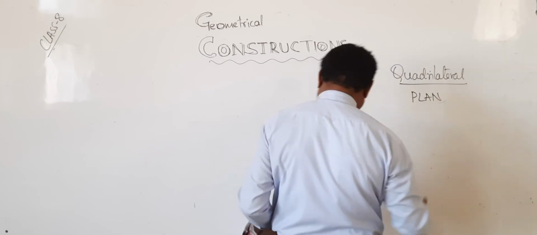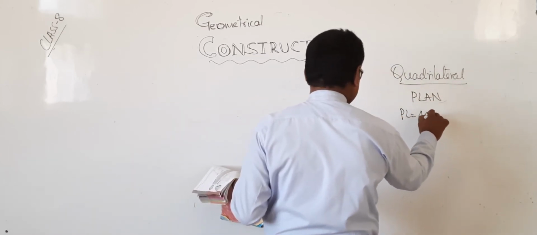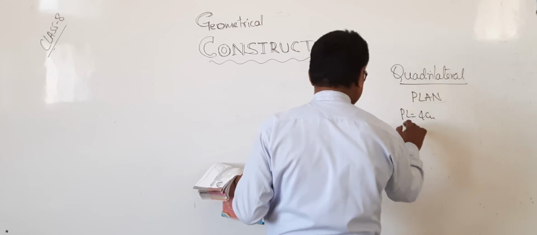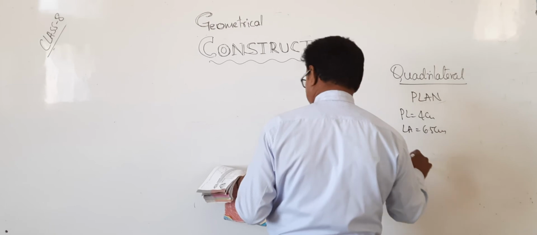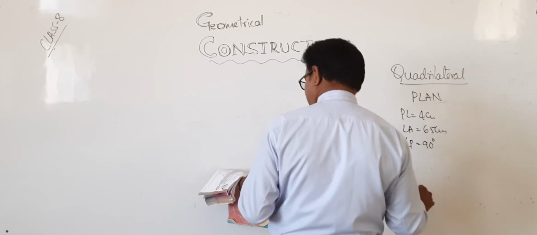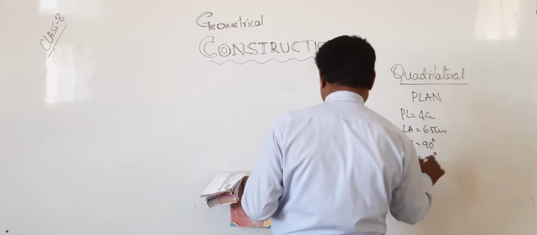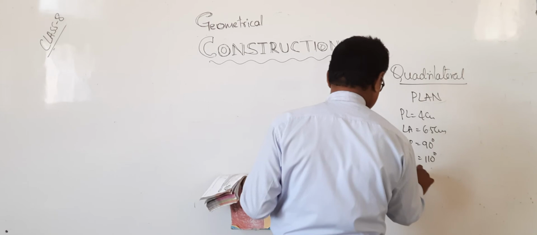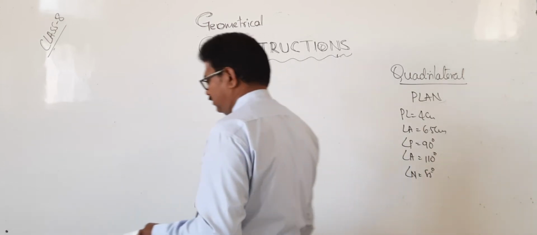PLAN. PL is 4 centimeters. LA is 6.5 centimeters. Angle P is 90 degrees, angle A is 110 degrees, angle N is 85 degrees. Over.